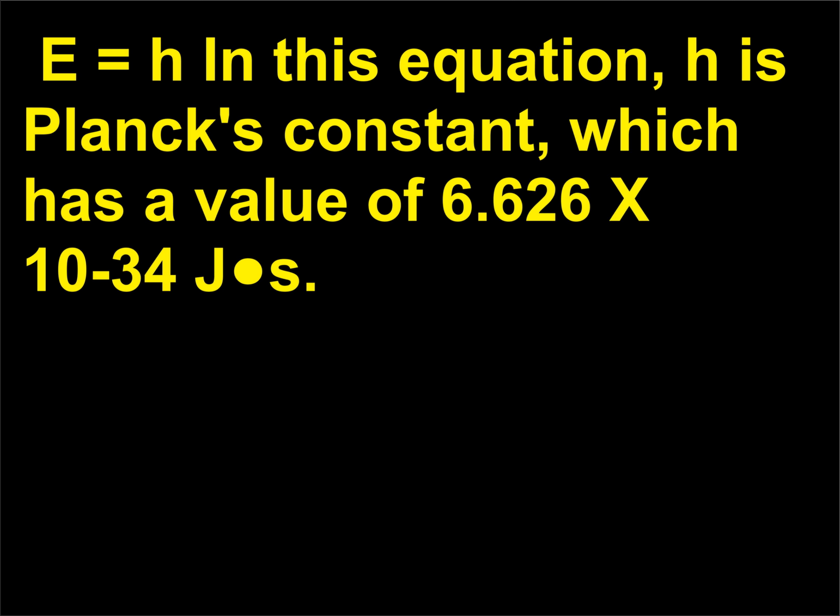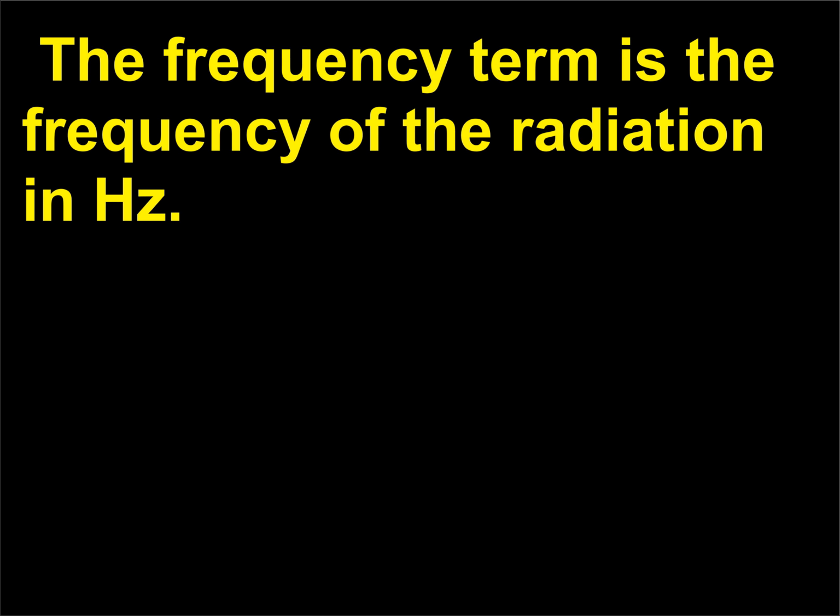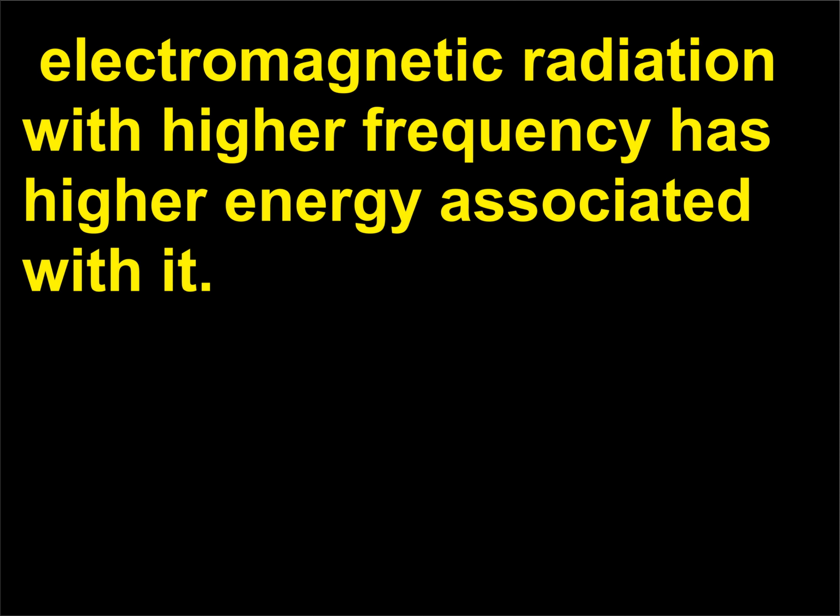In this equation, h is Planck's constant, which has a value of 6.626 x 10^-34 J·s. The frequency term ν is the frequency of the radiation in Hertz, as we can see from this equation. Electromagnetic radiation with higher frequency has higher energy associated with it.